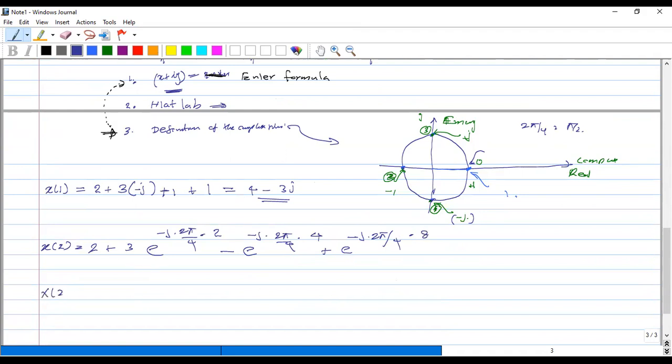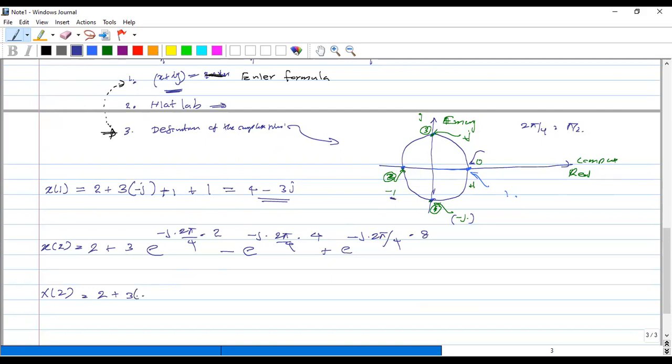So if you simplify this one, you have 2 plus 3 e to the power minus j2π/2. So you can use this one. So this is 0 1 2. 2 is minus j. Sorry, not minus j, minus 1.